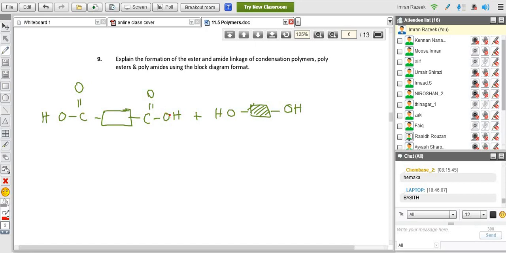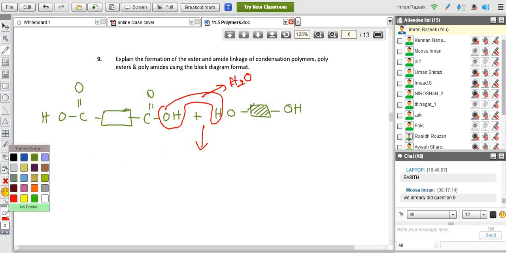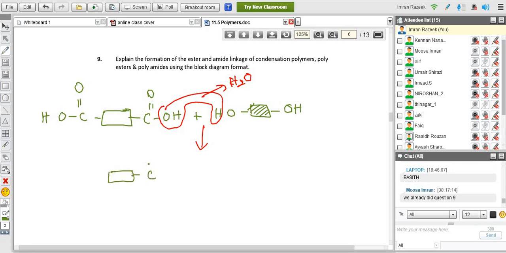So what happens: the carboxylic acid gives the OH and the alcohol gives H. A water molecule is lost, and then these two molecules combine together to form the ester linkage. I know we did this question before, but I just want to make sure you remember how the linkage is formed, so you should be able to identify the ester linkage.